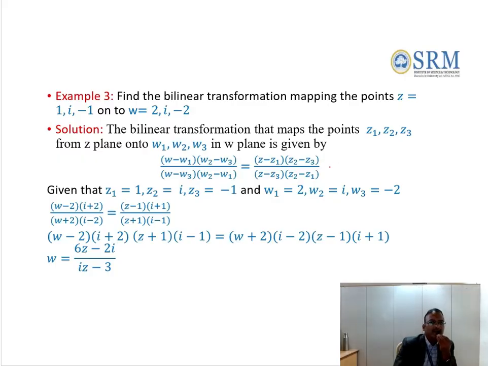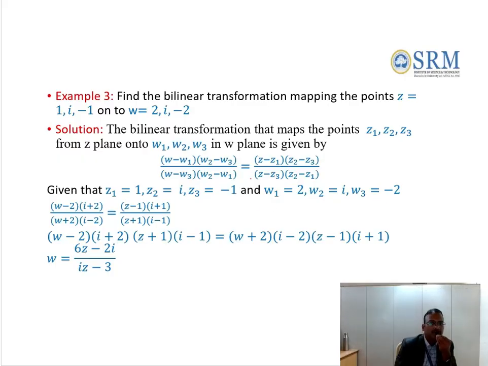we have the formula (w minus w1)(w2 minus w3) divided by (w minus w3)(w2 minus w1) equal to (z minus z1)(z2 minus z3) divided by (z minus z3)(z2 minus z1). Now given that z1 equal to 1, z2 equal to i, z3 equal to minus 1, and w1 equal to 2, w2 equal to i, and w3 equal to minus 2.